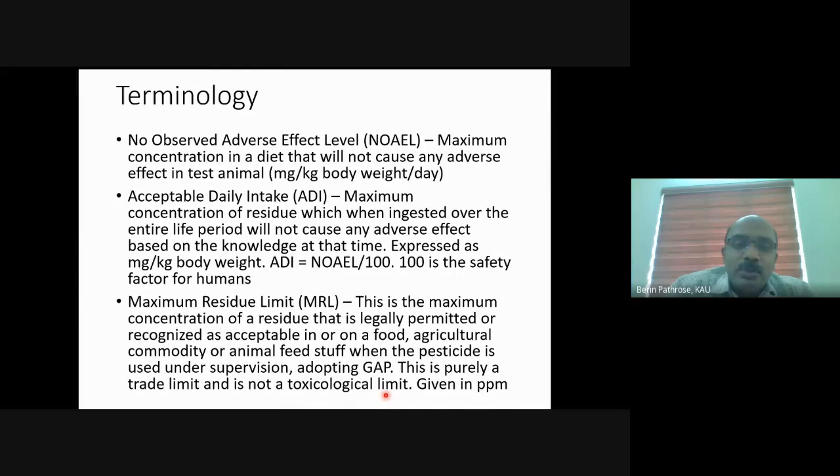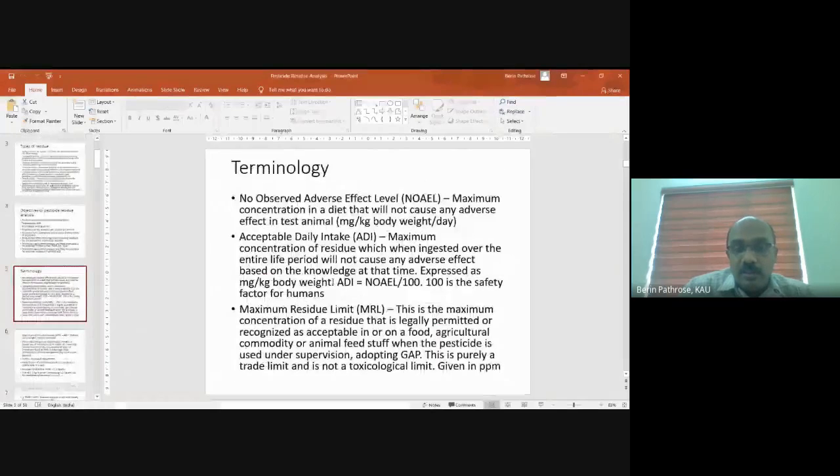It's the maximum concentration of residue which, when ingested over the entire life period, will not cause any adverse effect based on the knowledge at that time. Again, it is milligram per kg body weight per day. I have forgotten to add per day, so I will add it now, otherwise I will forget it again.